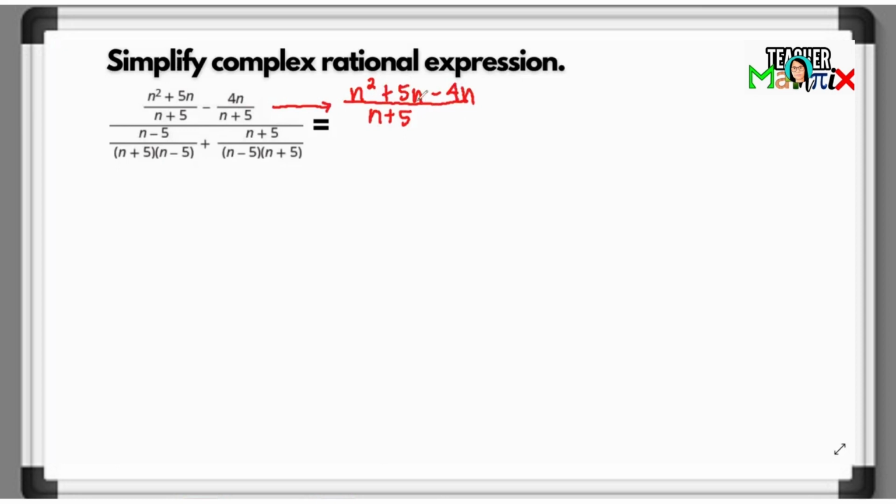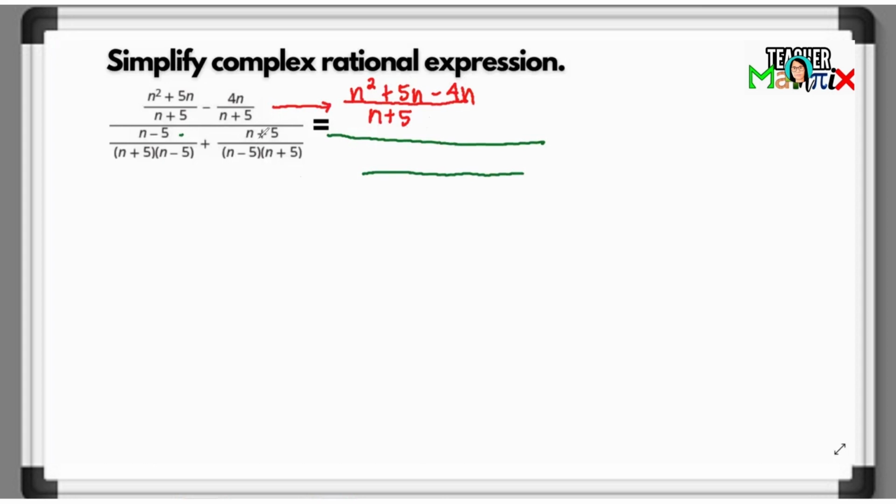Okay, let's proceed with this next part. Remember, this is a fractional. So identifying these expressions, we also have a common denominator.